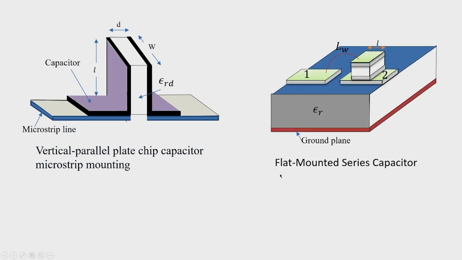Then we can have a flat mounted series capacitor where we have a wire connecting one of the plates of the capacitor to the line and there is a gap.